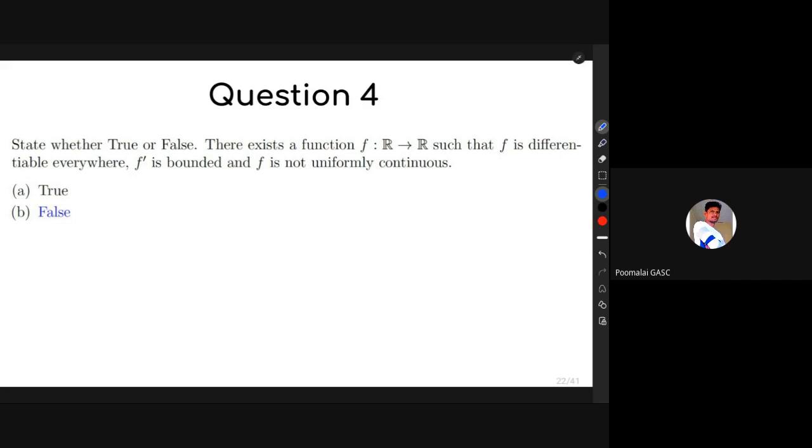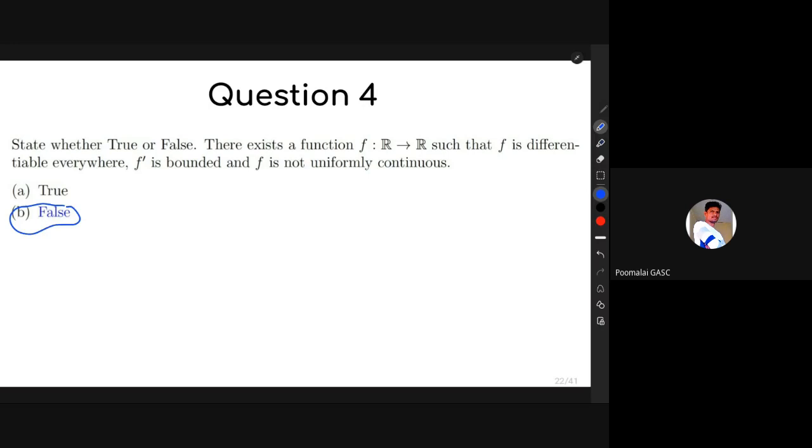In this question number 4, I have given a function. There exists a function f such that f is differentiable, f prime is bounded, and f is not uniformly continuous. You need to say whether this statement is true or false, and this statement is apparently false.